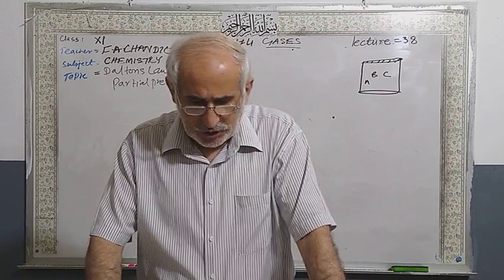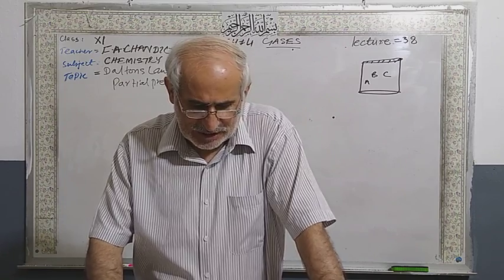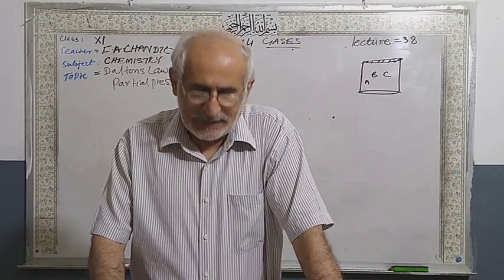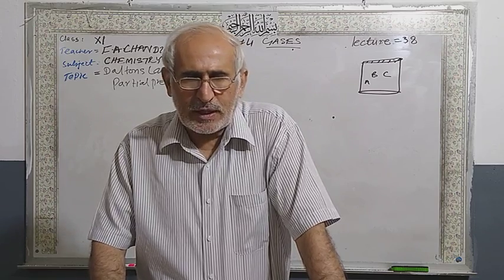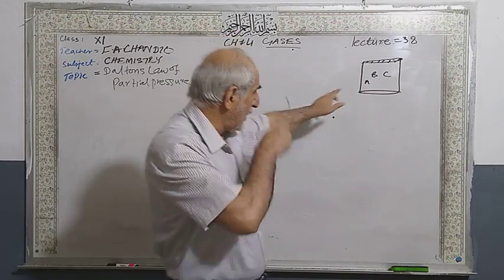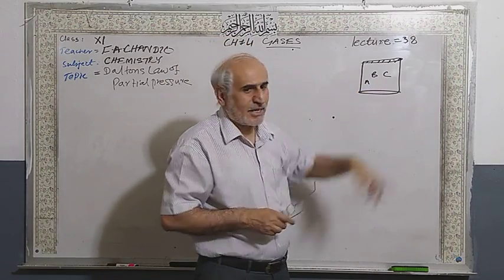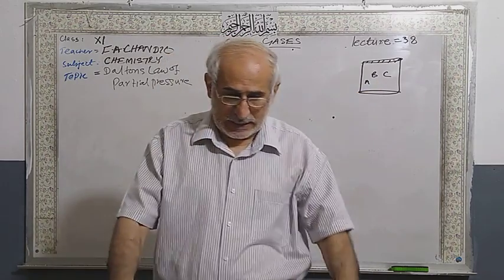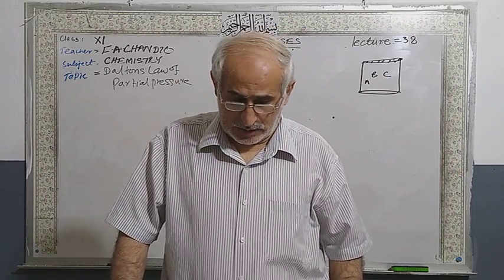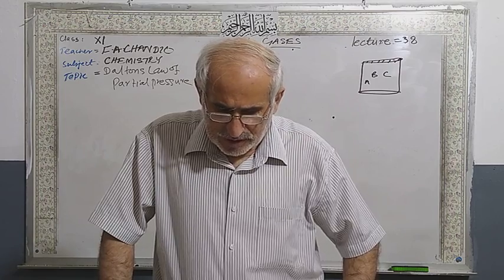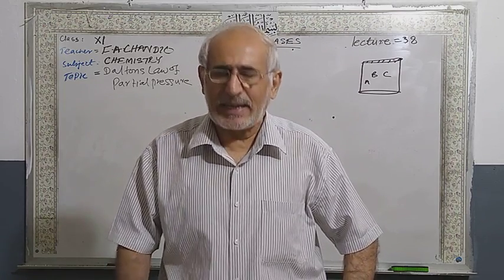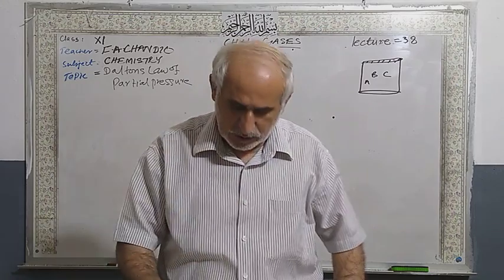English chemist John Dalton, 1766 to 1844, in 1801 put forward the law that the total pressure in the container exerted by the gaseous mixture is equal to the sum of the partial pressure of each gas present in the mixture.